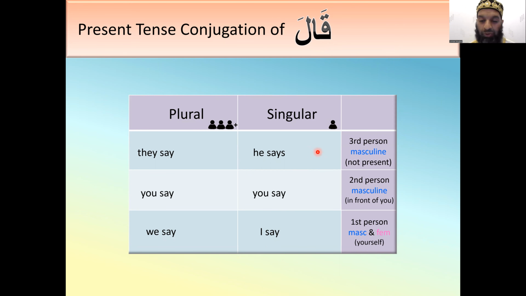So yaktubu from kataba. So we think qala is going to be, without looking at your answers, have a guess. Kataba becomes yaktubu, so you're going to start off with a ya, okay? Ya. Yakatalu. Good try. It's wrong.